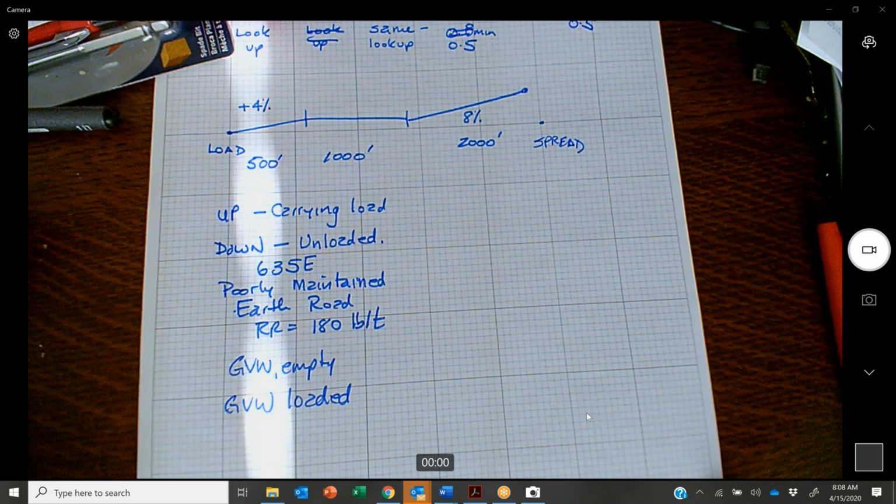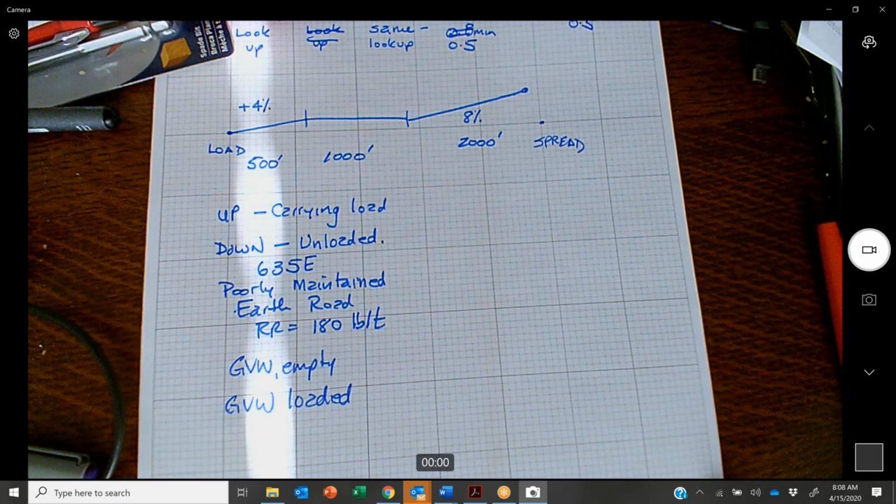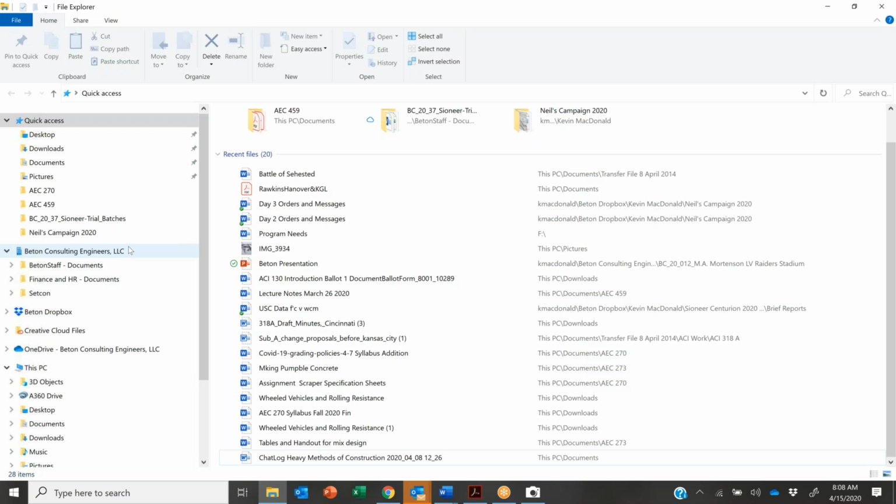So we've got to go and look up some data. Let's go to a different screen.